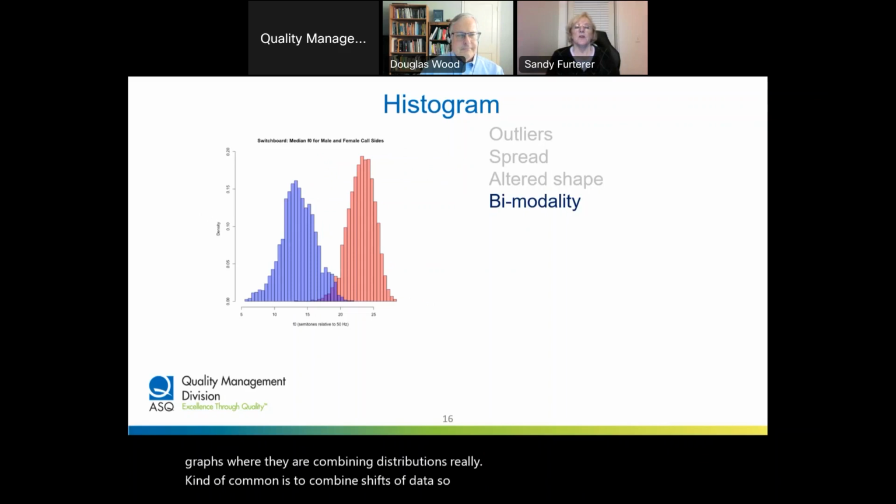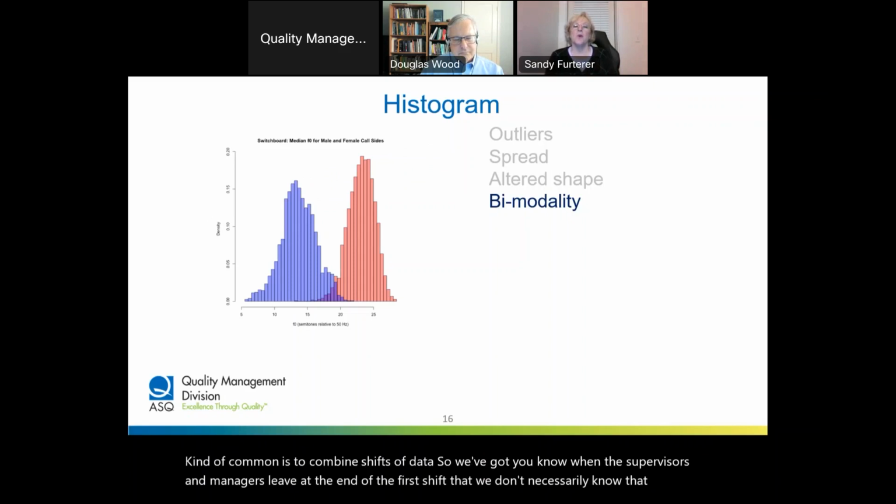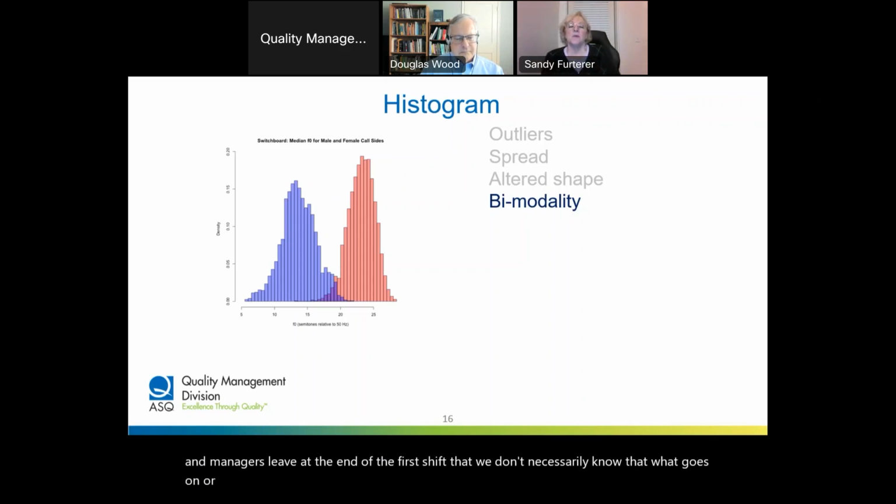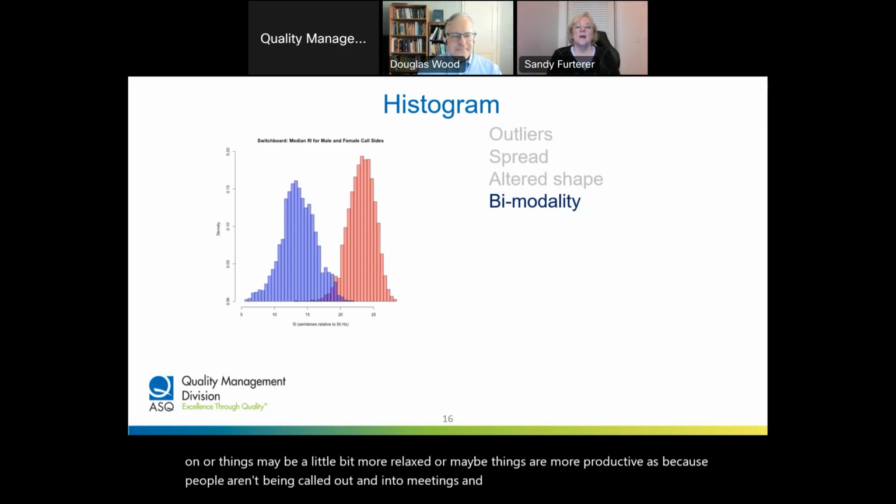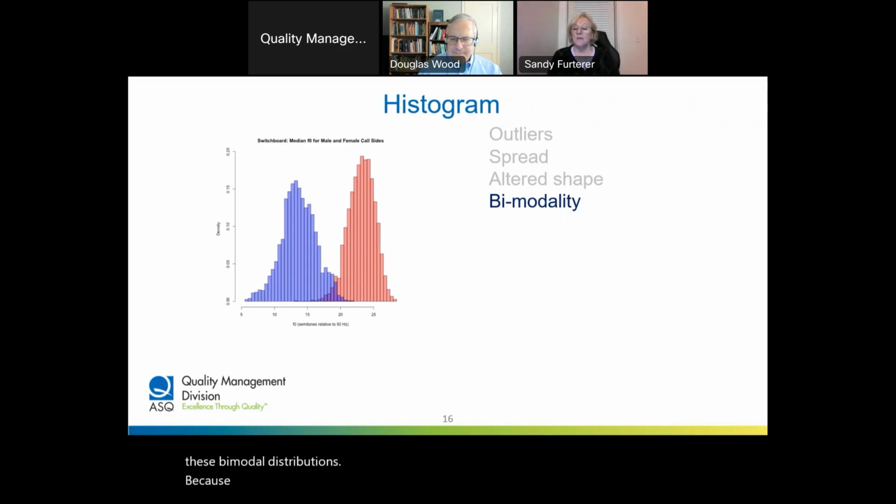So we know when the supervisors and managers leave at the end of the first shift, things may be a little bit more relaxed, or maybe things are more productive, because people aren't being called out and into meetings and so forth. So a lot of times we will see these bimodal distributions because we combine data on the same process, the same machine, but with different shifts.